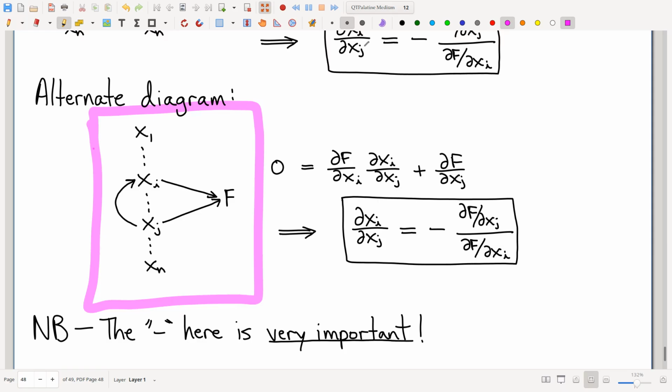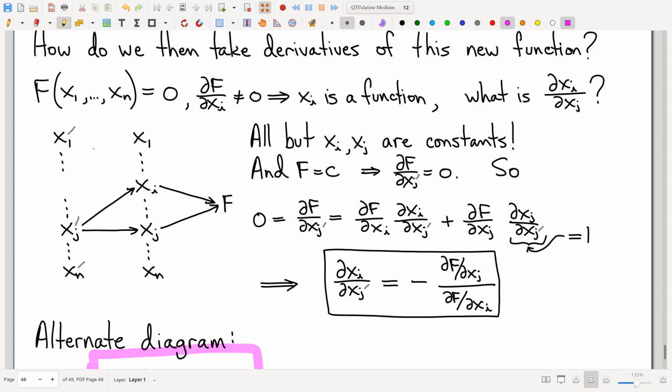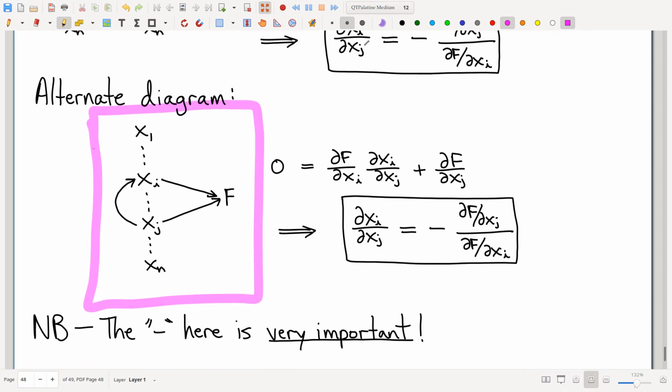Well, I claim that this is really just a compactified, streamlined version of this. And you'll notice this does satisfy my rules. I have a composition here, intermediate variables there, second function right here. This is all good. This is a regular old composition of multivariable functions. And I claim that really this is saying the same thing, just in a more compact way.